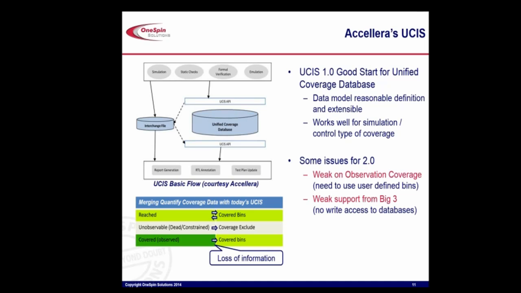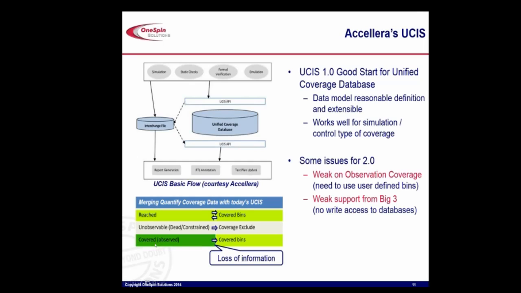And we can put this in there and say, look, we have exercised this during our formal analysis. Very nice. There are also some extensions that we talk about now on having unobservability, so that in constraint code, I want to collect coverage excludes in our UCIS, also something that you can do.